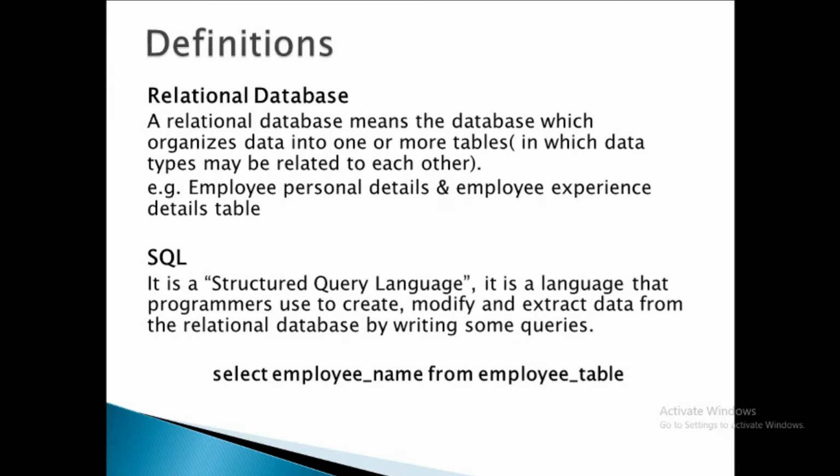Then there is another table which contains employee experience details, which contains the employee's past organizations, total number of years of experience, what technologies or areas or skill set he has been working in, and so on and so forth. These two tables are different, and the information saved in them is also different. One table contains the employee's personal details, the other contains the employee's experience details, that is, professional details.